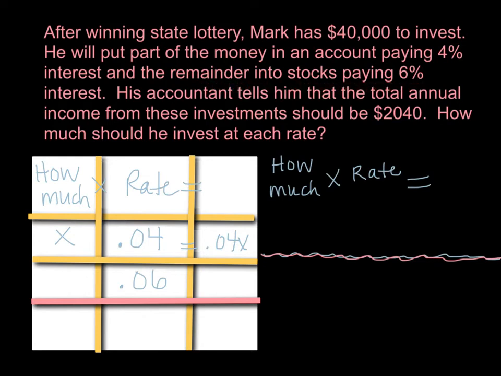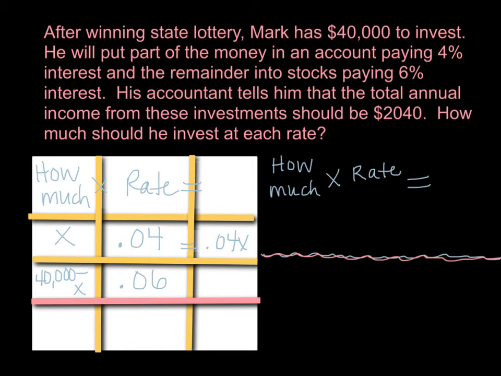He had $40,000 total, but he put some of it up here. So out of the $40,000 that he had, he took away this amount because he put it in the 4%. So this represents some of the money at 4%. This represents the rest at 6%.